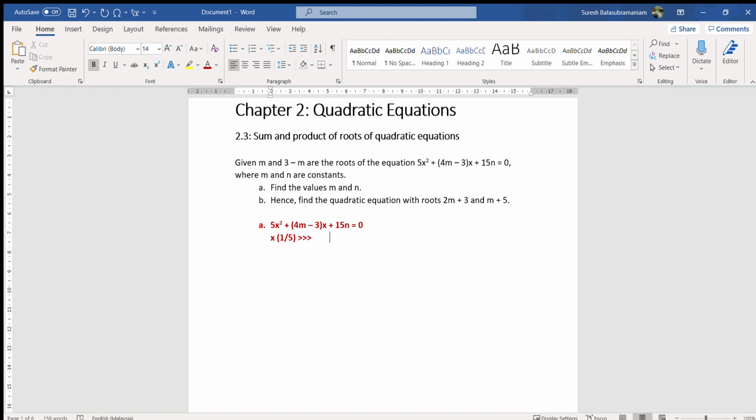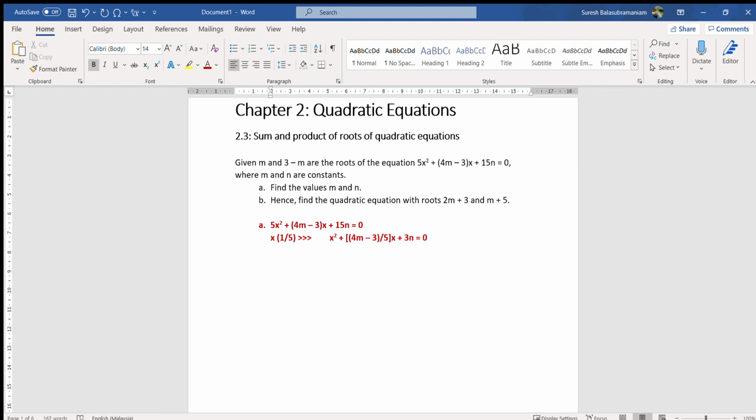What you'll get is x squared plus (4m minus 3) over 5 times x plus 15 divided by 5, which gives 3n, equals 0.